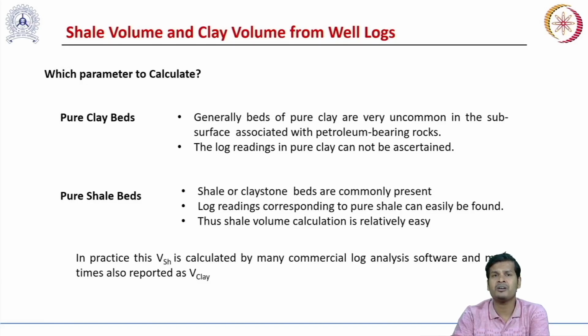As we discussed earlier, clay can also be present inside our sandstone as cementing material in the form of dispersed clay. So overall, shale volume may be equal to the clay volume. The total clay volume coming from the shale and from other sources may be equal to our shale volume. So sometimes in many logging software petrophysical models, shale volume may be directly taken as the clay volume. So V shale is often reported as V clay.